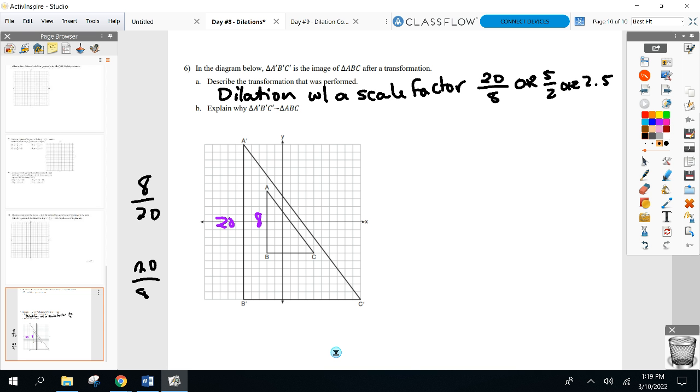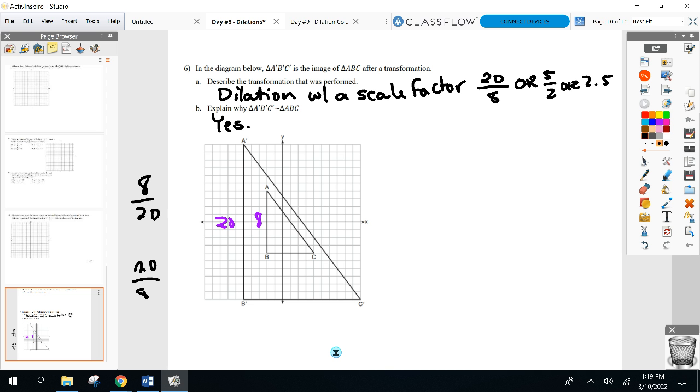Are they similar? Are these 2 triangles similar? Yeah, they're similar, but I need to know why. They're not congruent, absolutely not. So don't mention the word rigid motions at all, because they're not congruent.